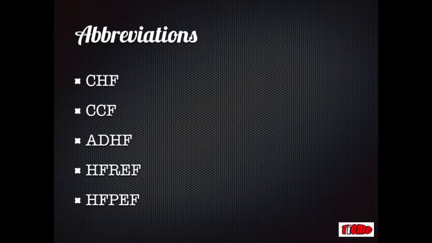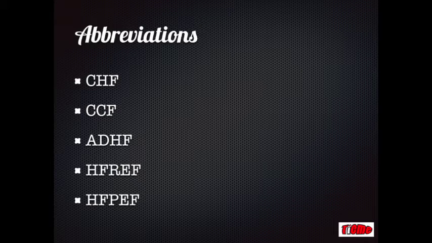Okay, so we're going to move on to a quick summary of heart failure, but before we start, some abbreviations because there are lots used. CHF usually is chronic heart failure, can be congestive heart failure. CCF is usually meaning congestive cardiac failure. ADHF is used a lot more in the literature now. It means acute decompensated heart failure, and there's usually two types of that, the HF-rEF and the HF-pEF.